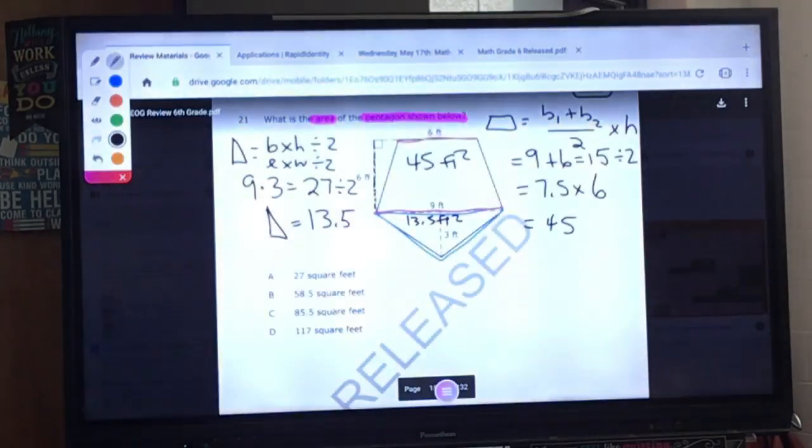Do you see either one of those choices as an answer? No, we don't see 45, we don't see 13 and a half. So what have we done wrong? Troy? We haven't added 13 and a half plus 45.